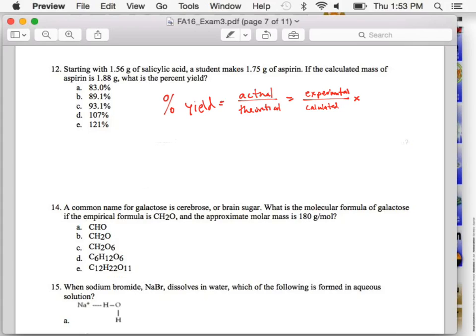And now I'll drop in the times 100. What information are we given? A student makes 1.75 grams of aspirin. What is that? That is our actual or our experimental.